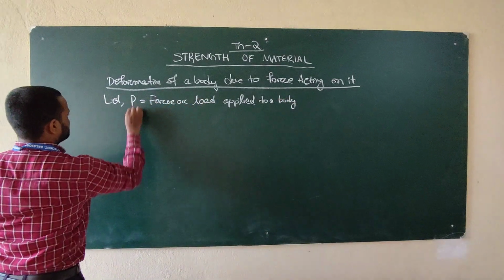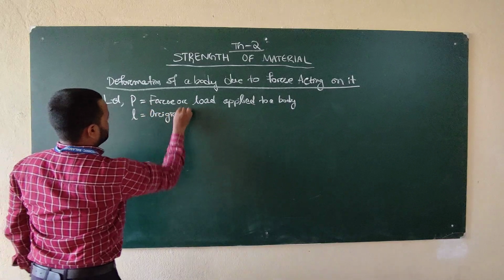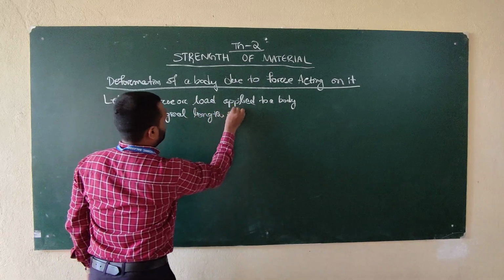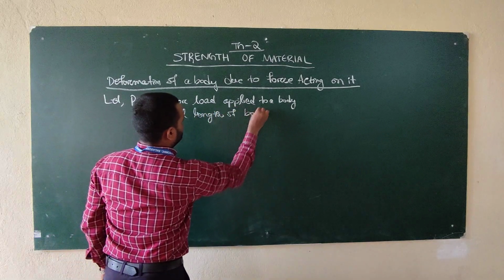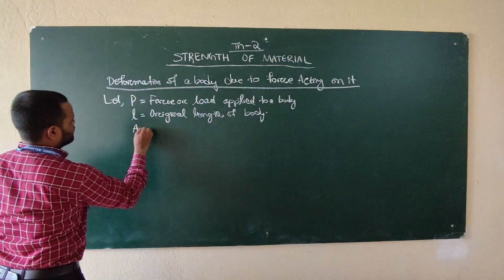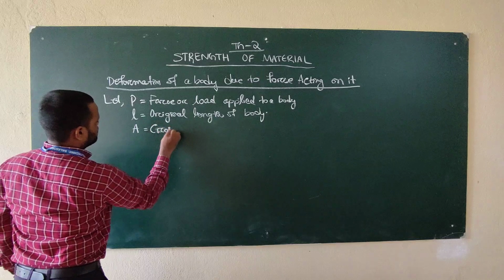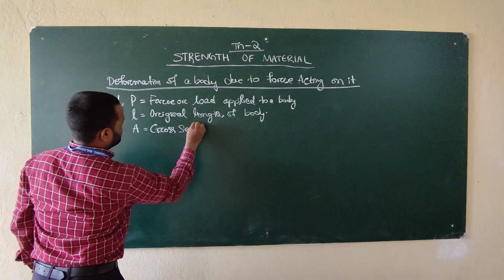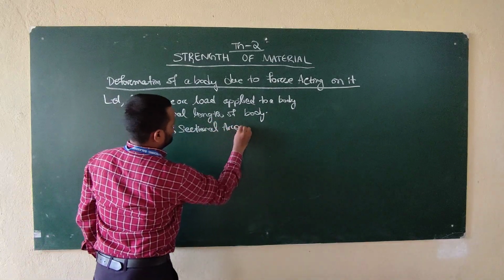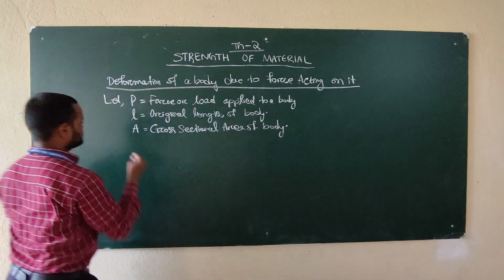Small l, original length of body. A, cross-sectional area of body.